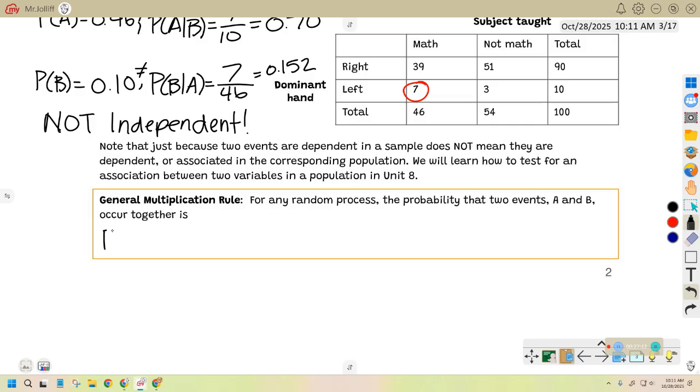So if I have P(A and B), the probability that the events occur together, and tells me to multiply. So that would be P(A) times P(B given A).